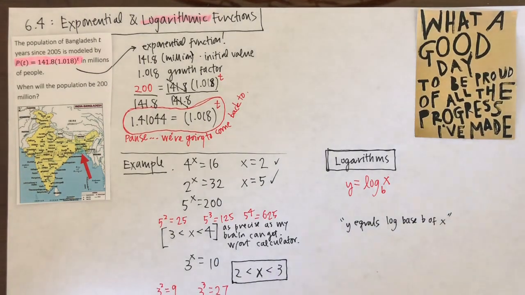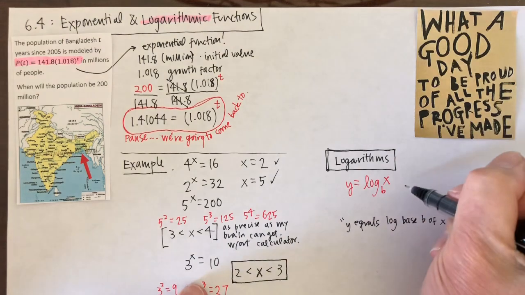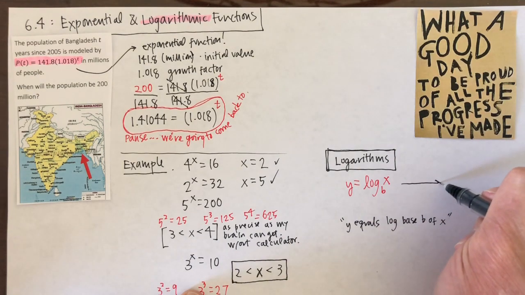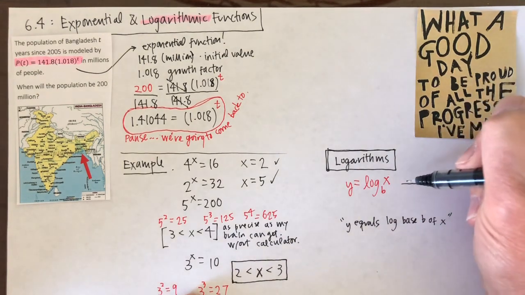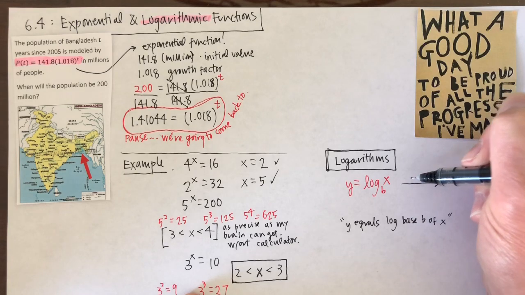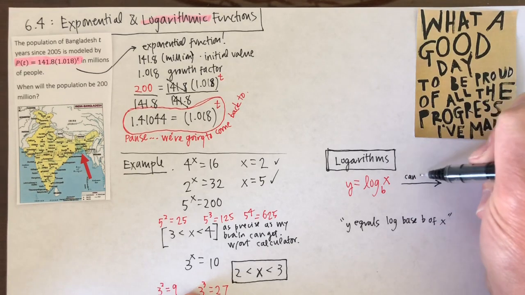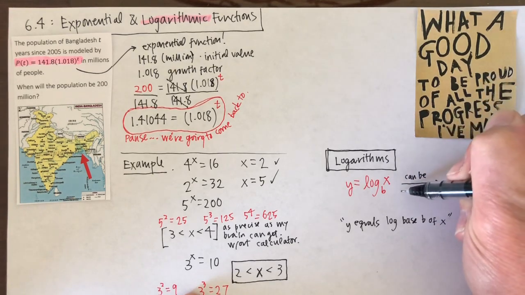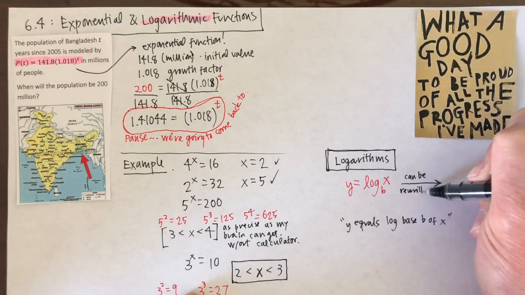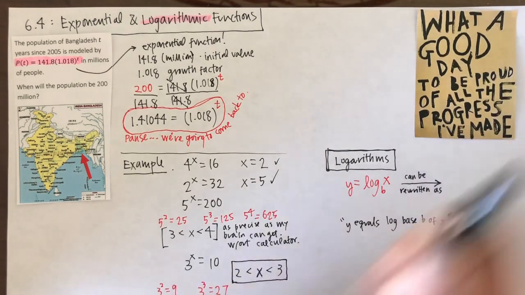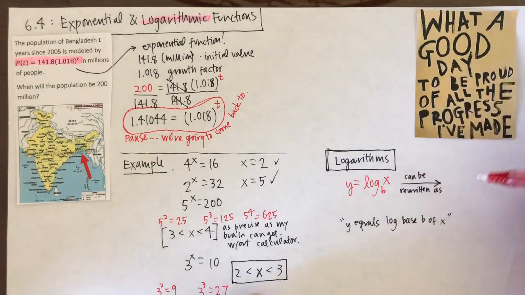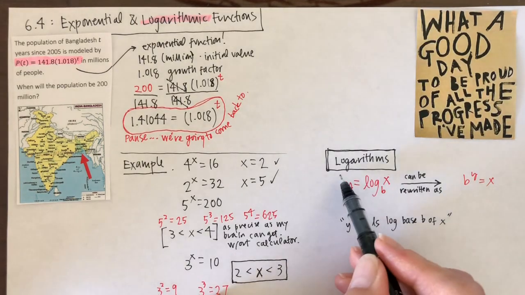And I haven't told you what it means yet. This is equivalent to, or can be rewritten as, b to the y equals x. So it's another way of saying this exponential relationship.